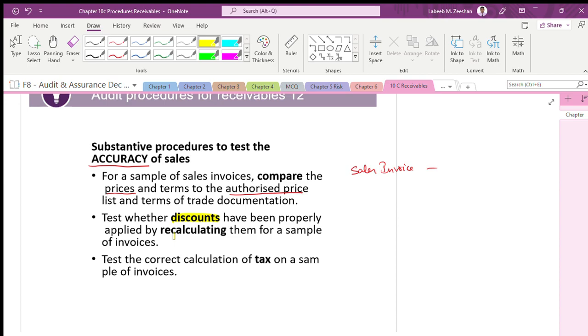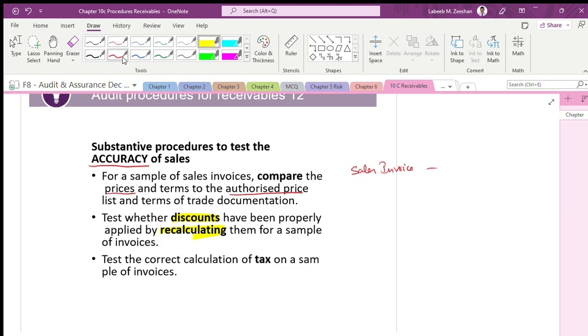No. Discounts have to be decided and approved by the sales director or the most senior position. Test whether discounts have been properly applied by recalculating them on a sample of invoices.